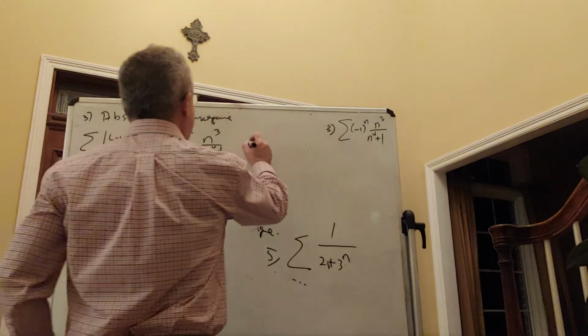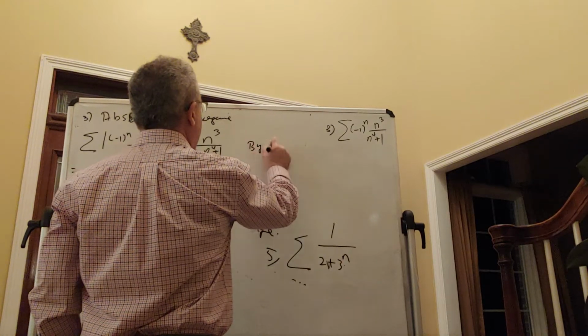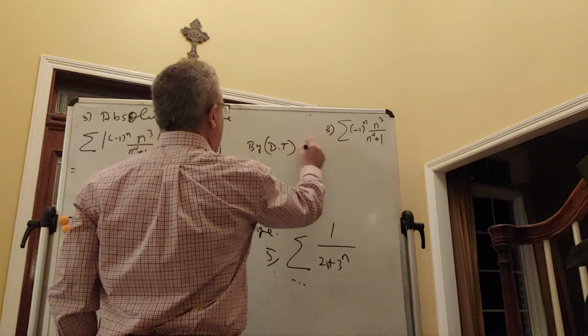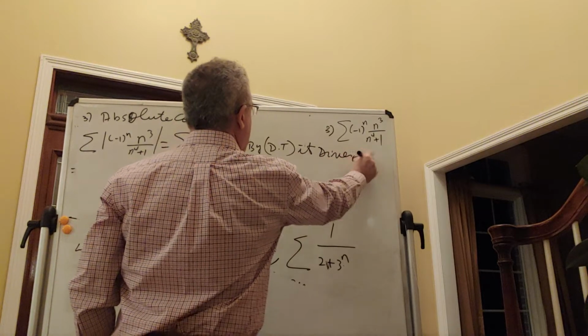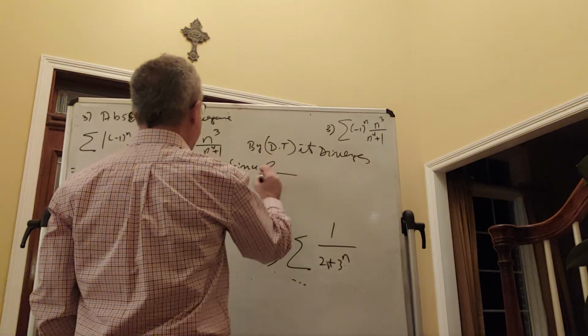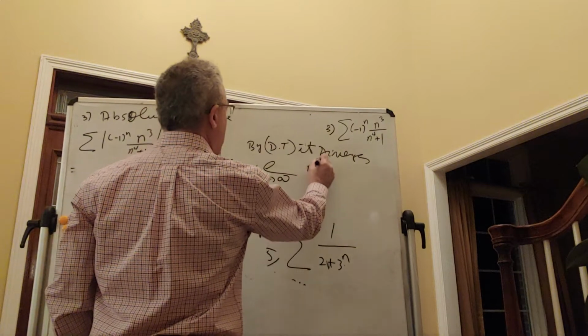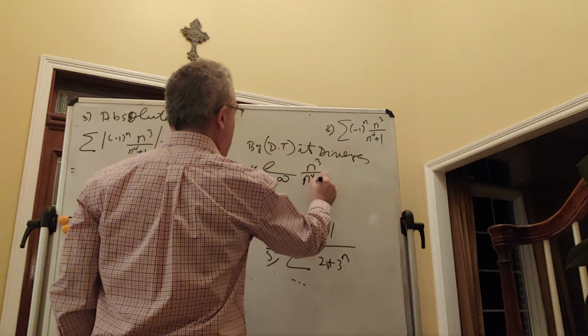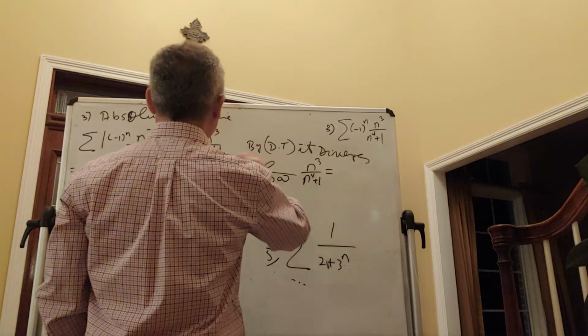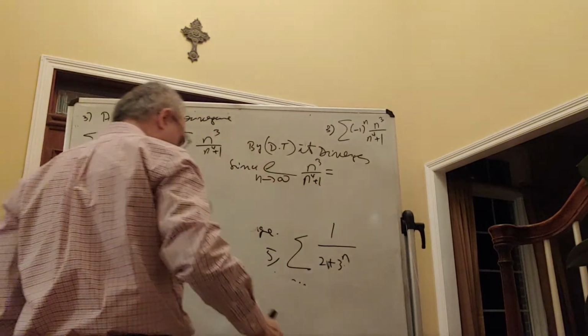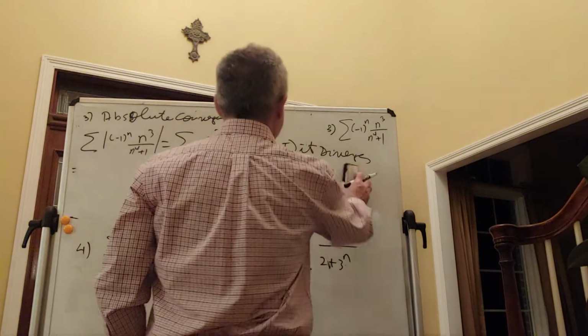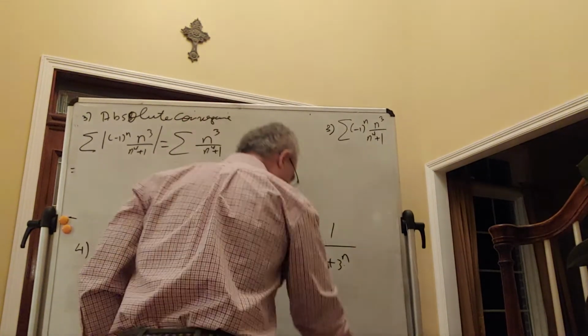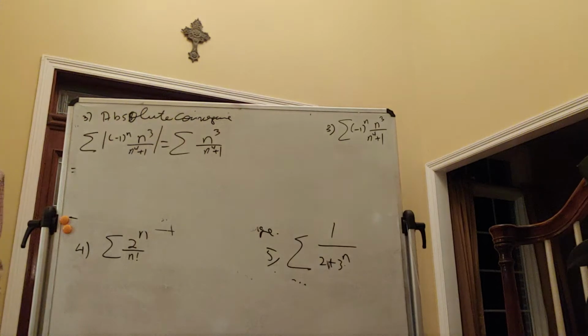And then apply the divergence test. Sorry, mistake, what I said is garbage. All right, so we have n cubed over n to the fourth plus 1.